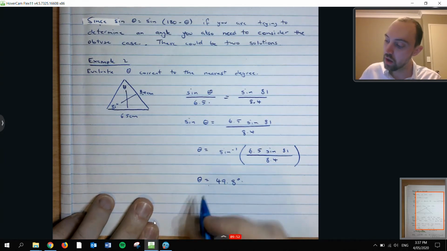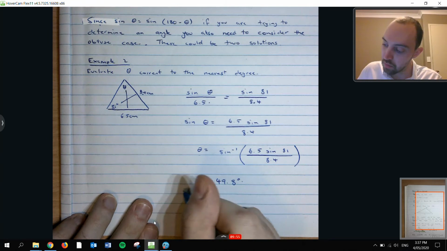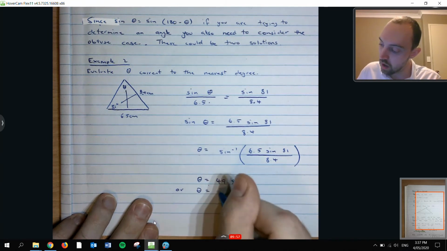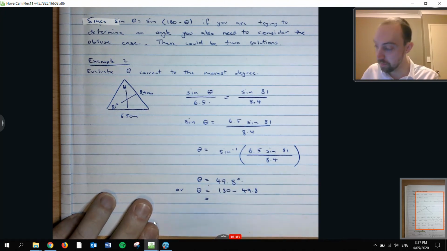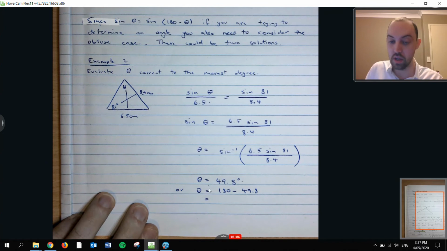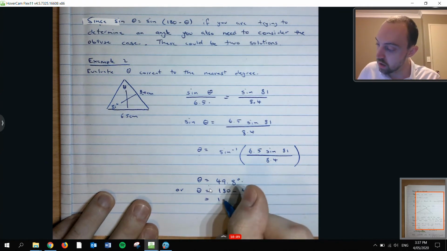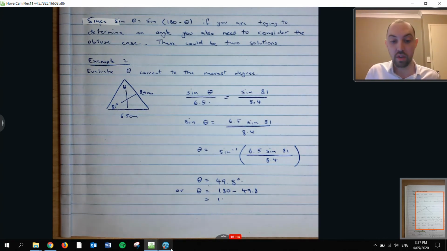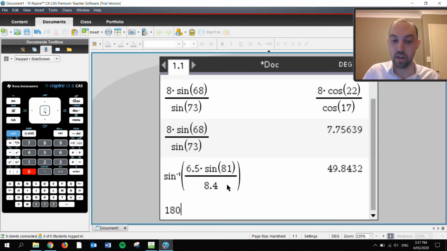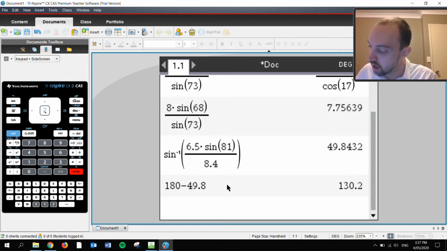We've got our angle. The other angle that is possible is 180 take the answer that you got, which is 100 and... I'm going to mess it up, aren't I? Go back to the calculator just in case. 180 take 49.8. There you go, 130.2 degrees. And the question itself has asked us to go to the nearest degree, so it'd be 50 and 130.